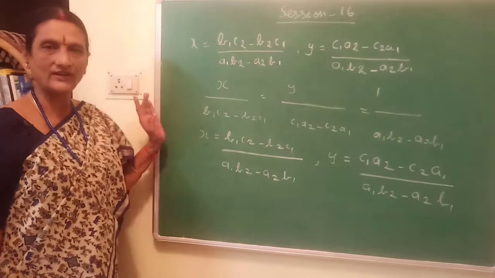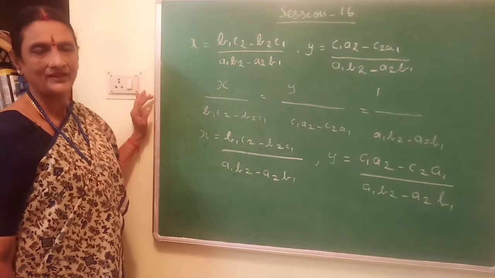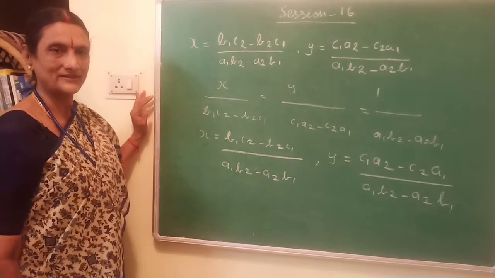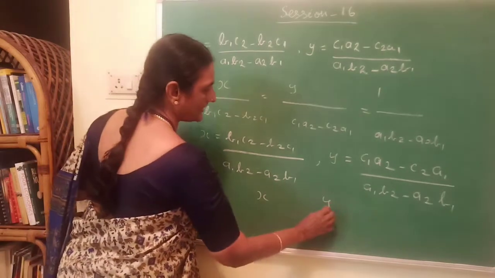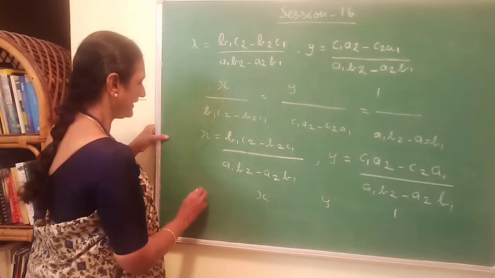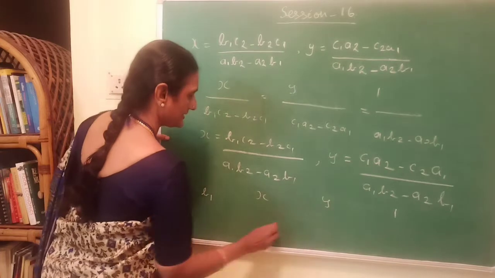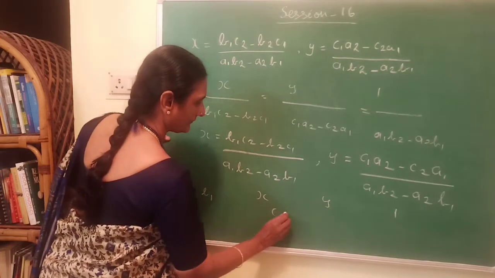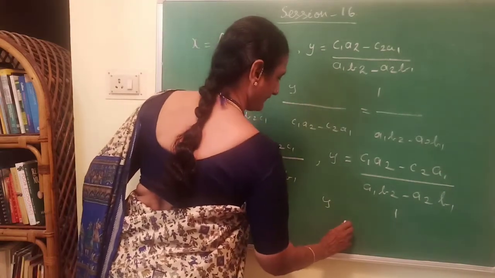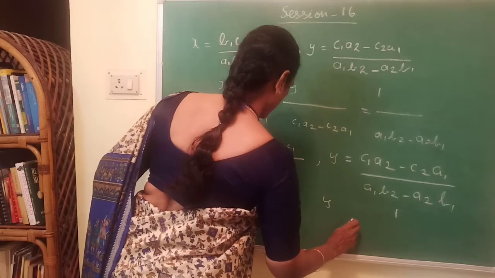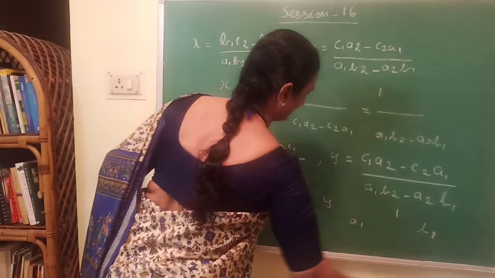So this is one way of remembering. Another one is cross multiplication. In order to do the cross multiplication, you first write x, y and 1, and then here you write b1, c1, then a1, and here b1 again.